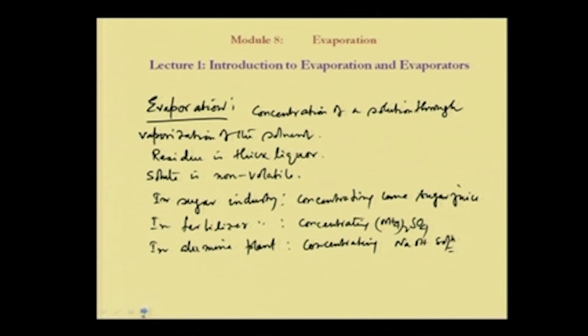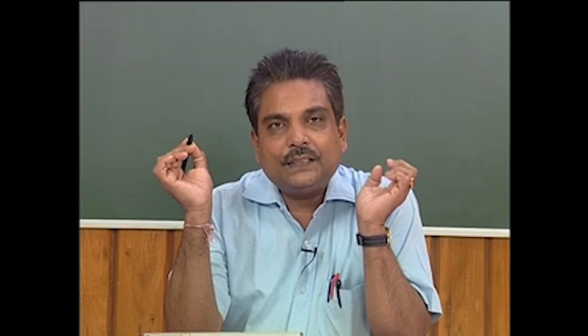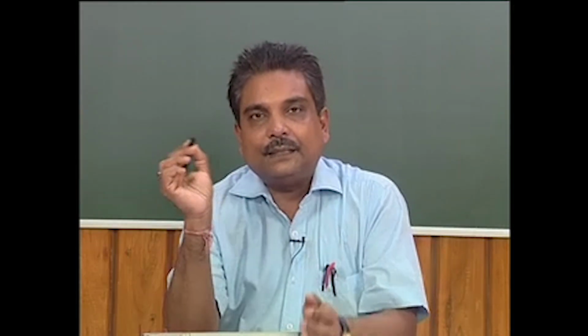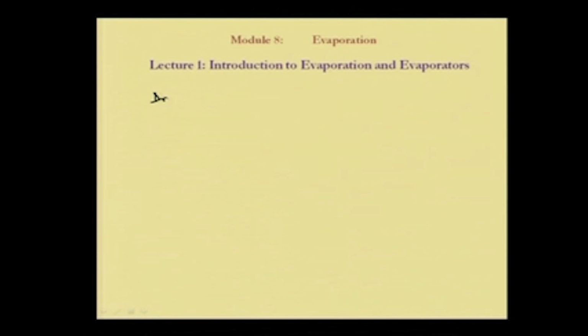Now, the question comes: what is the difference between drying and evaporation? We know that in drying also the solvent is evaporated, and in evaporation also the solvent is vaporized. So, what is the basic difference? The basic difference here is the objective of the operation.